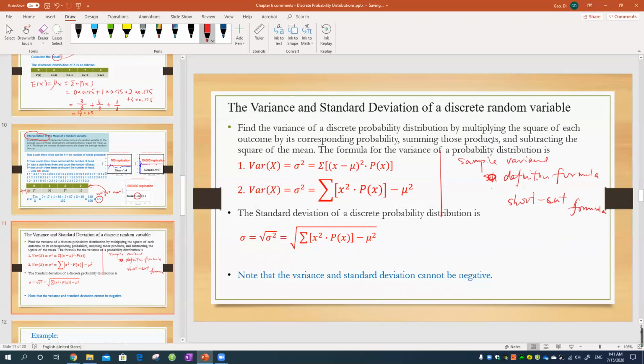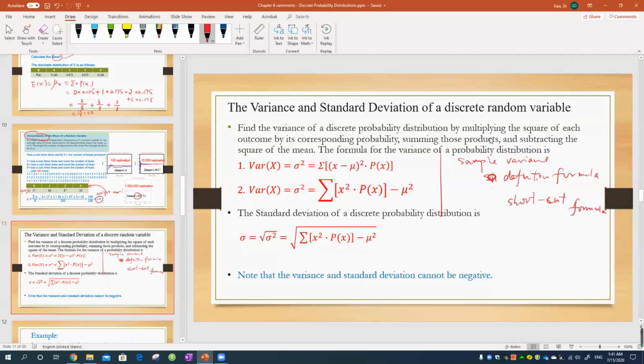This is the definition one. We use each single value minus the mean, squared, and then times the corresponding probability, and then take the sum of all the products we have. That's one way to calculate the variance.